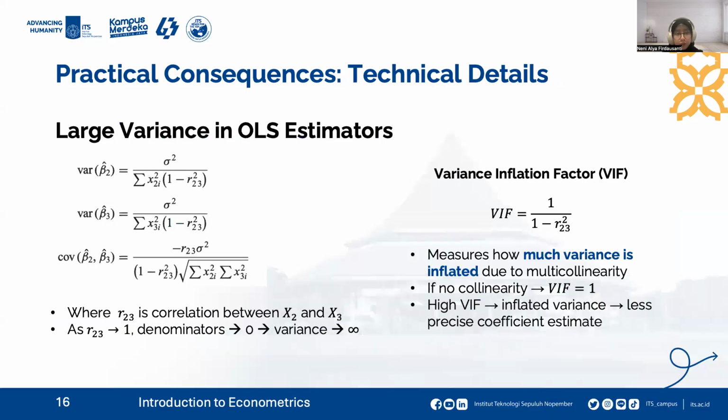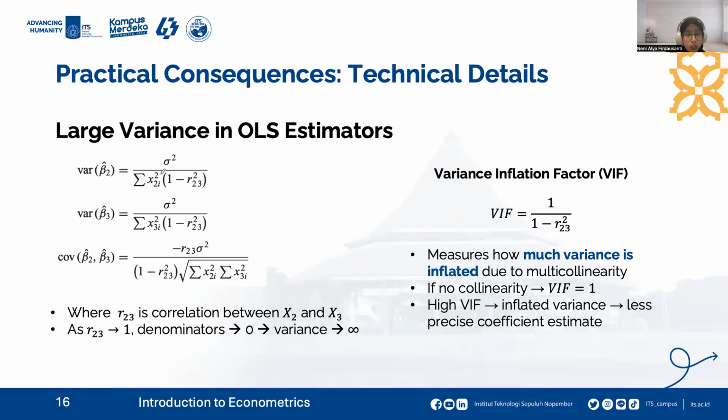All right, so let's talk one by one about the technical details of the consequences of multicollinearity on your OLS estimators. This is the formula of the variance of beta 2 and variance of beta 3, and also the covariance.